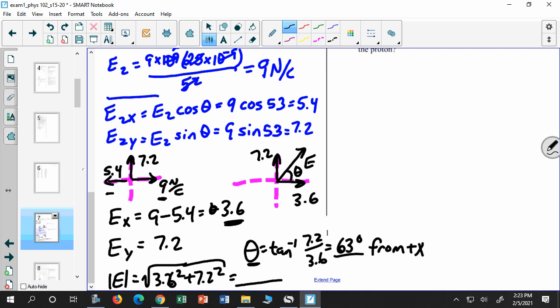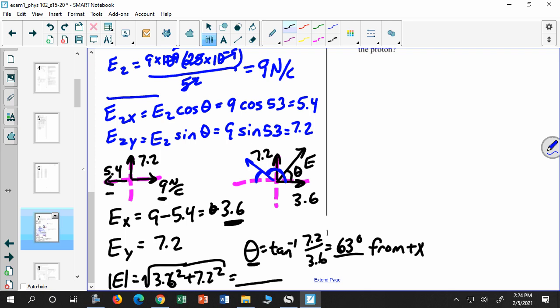But recognize that if it was over here, you would do that a little bit differently. If my final vector was over there, I would calculate this angle, and then I would subtract that from 180, because really I'm looking for this angle. We've done that a bunch of times, so make sure that you can do it on Monday.